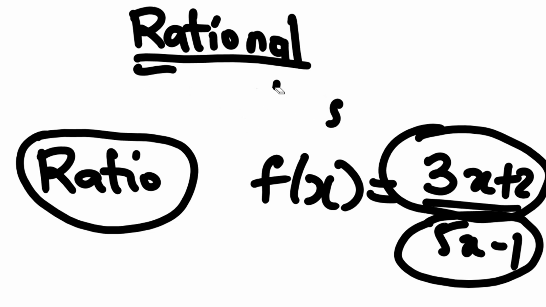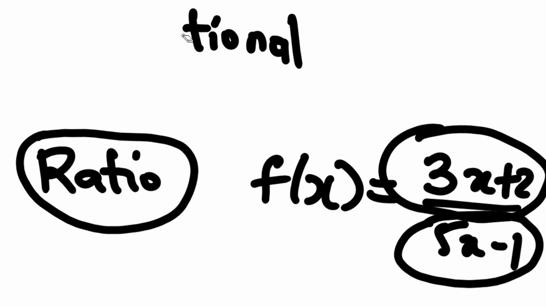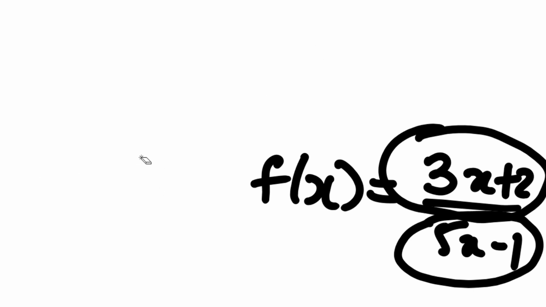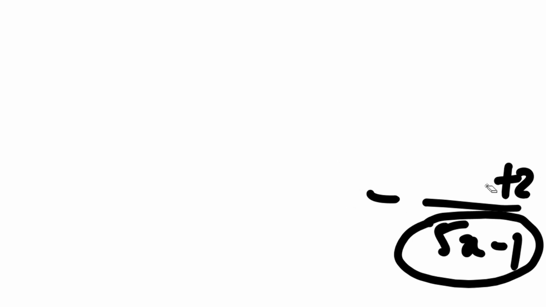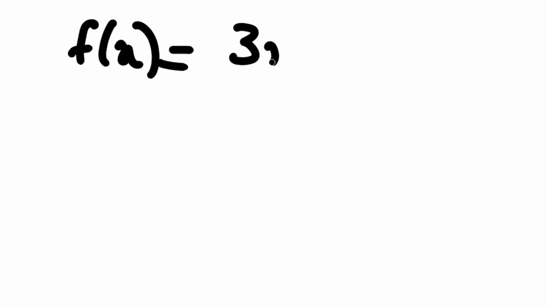To recognize something clearly as a rational function, what we have to focus on is the denominator. Make sure the denominator is a function of the variable. What do I mean by that? Let me give you this scenario: f of x is equal to 3x minus 5 all over 2.